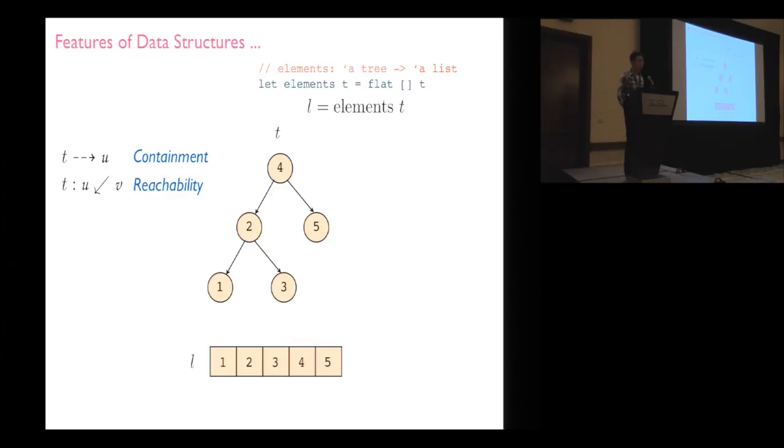These are mainly about containment and reachability. For example, T containing 5 is considered a containment feature. For this structure, T is a reachability feature.